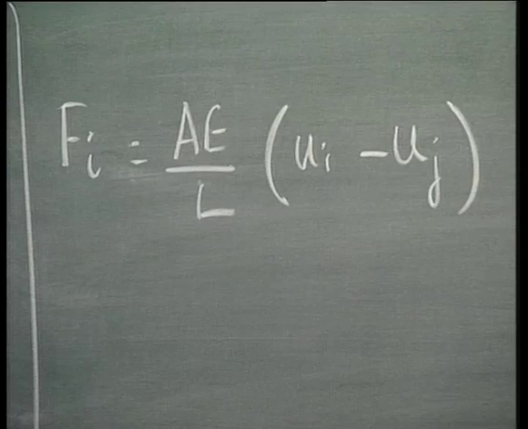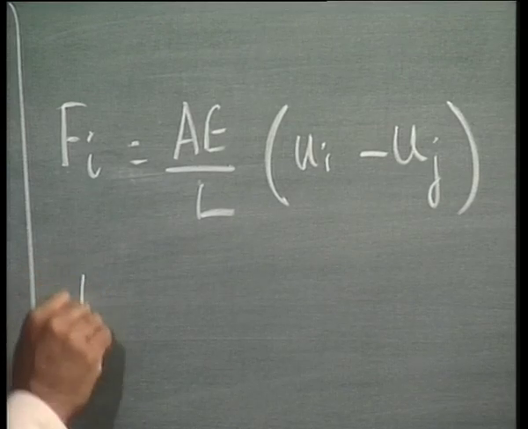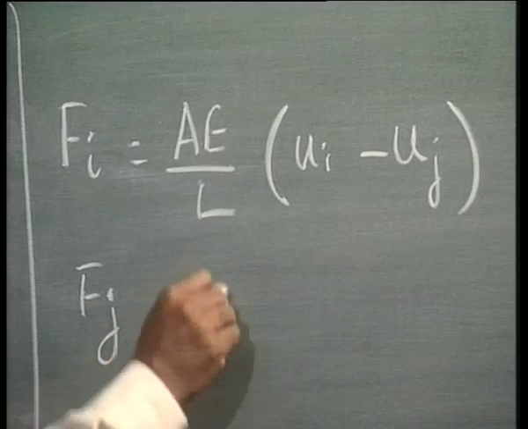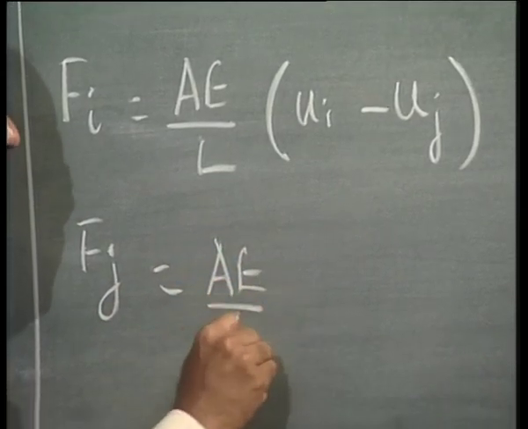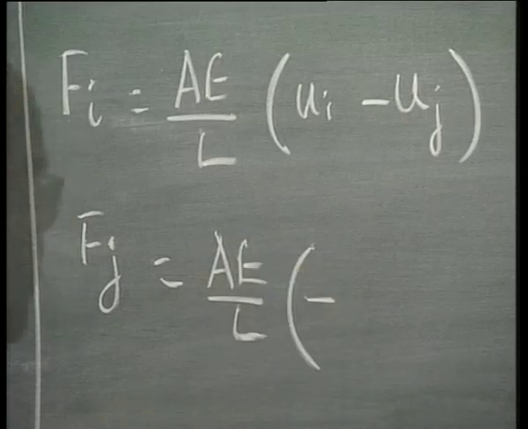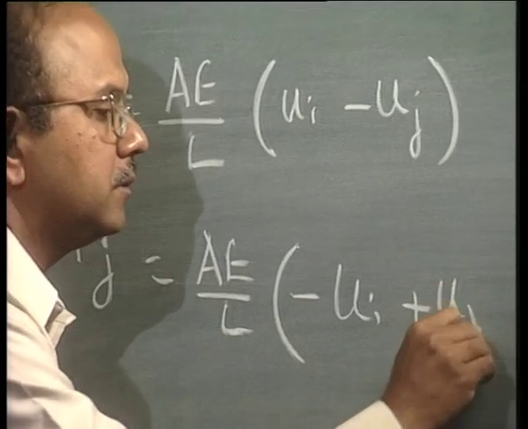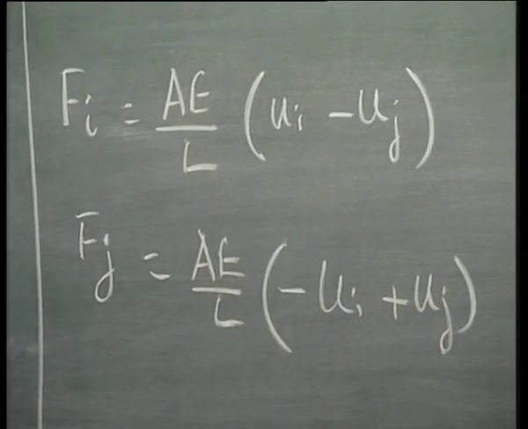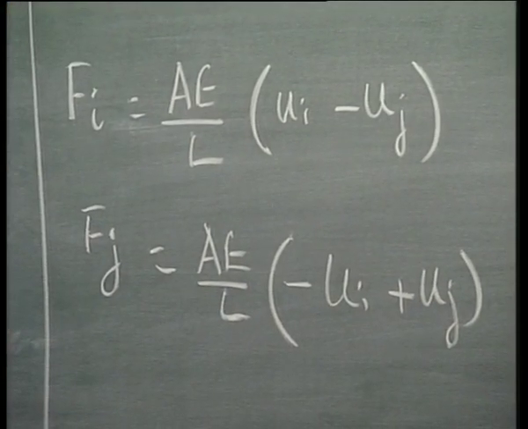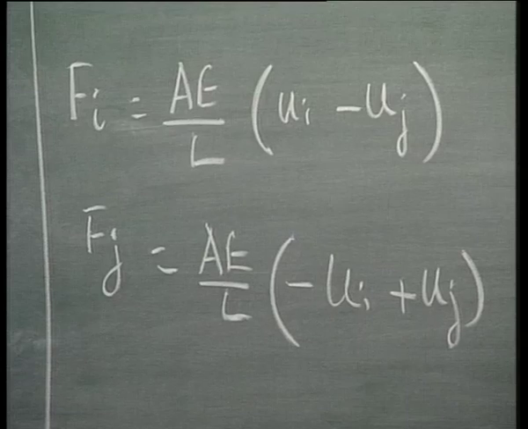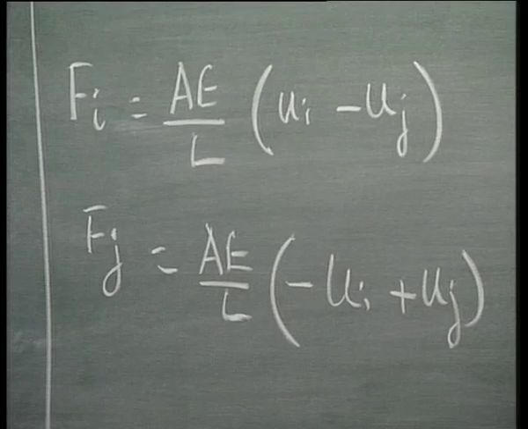Is that clear? And what happens to Fj? Fj is equal to AE by L into minus ui plus uj. Is that clear? Okay. Now, this can be expressed in matrix form.